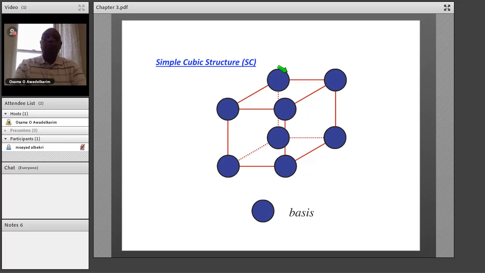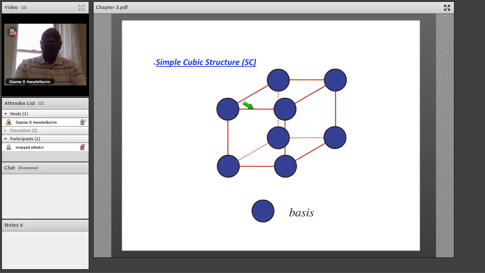Okay? One of the most important structures for single crystal solids is the simple cubic structure, SC. And now we're going to be talking about a three-dimensional solid, because in reality, solids are three-dimensional. So the unit cell is a cube. So think of the parallelogram in a two-dimensional solid, and think of that parallelogram becoming a square, equal sides, and an angle that is 90 degrees.